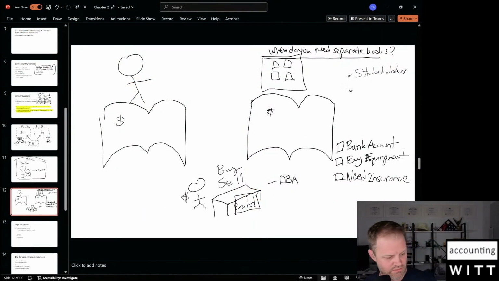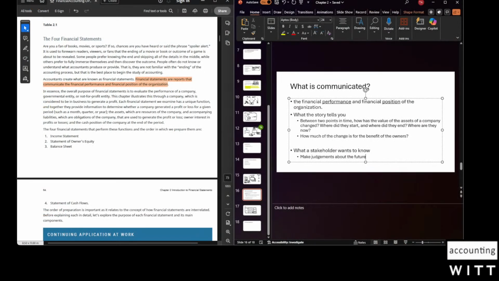Wrong button. That's what's being communicated. The financial performance and position. It's telling you between 2 points in time, how's the value of the assets of the company changed, where'd they start, where'd they end, where are they now, and how much of the change is the benefit of the owners.